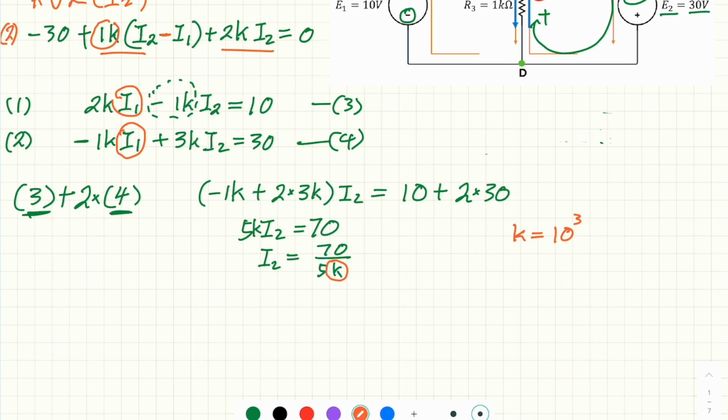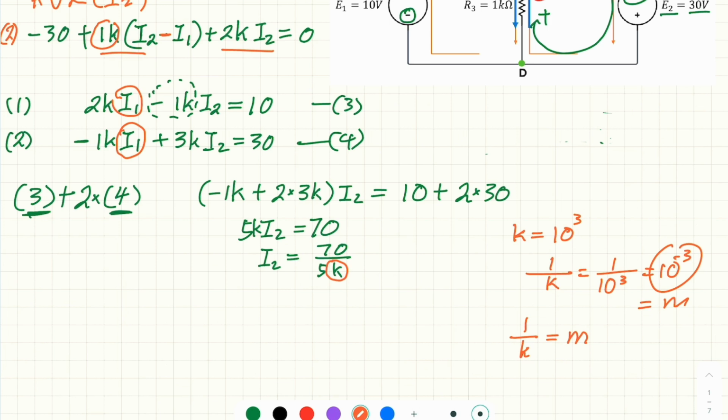So just look at 1 over K. It just means 1 over 10 to the power 3, and this is 10 to the minus 3. And 10 to the minus 3 in terms of prefix is equal to m, milli. So there's a rule: 1 over K, if K is the prefix, equals m. M is also a prefix. So that's very easy.